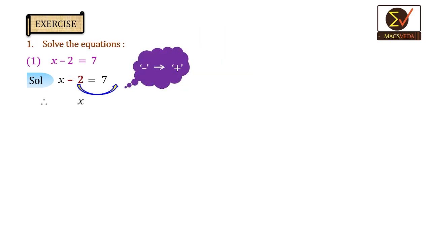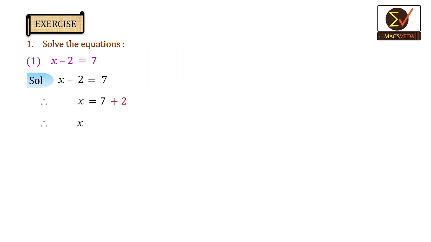So x will become 7 plus 2, because as 2 is changing sides, it will become plus 2. So x will be 9. It is exactly the same as we solved it earlier. This is a faster way of solving the problem.